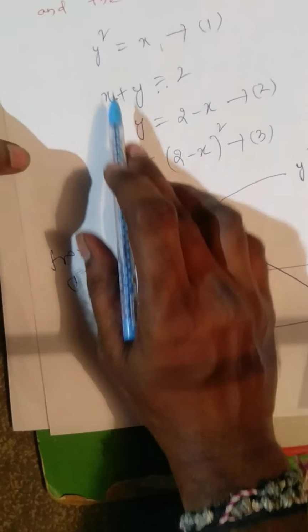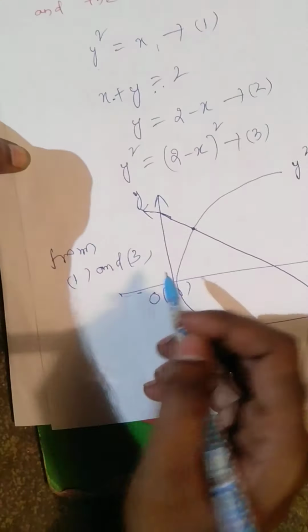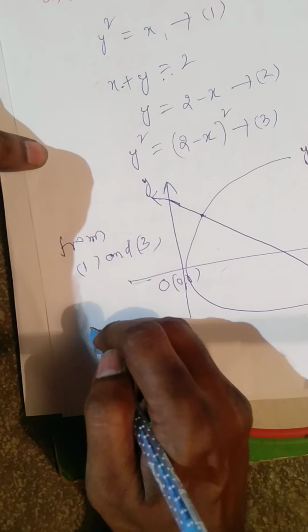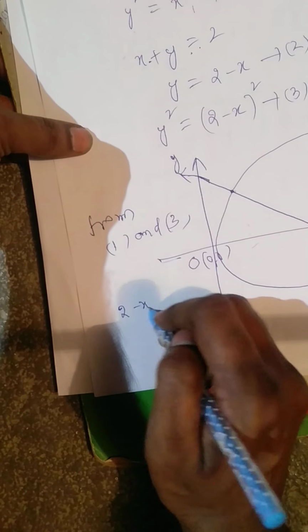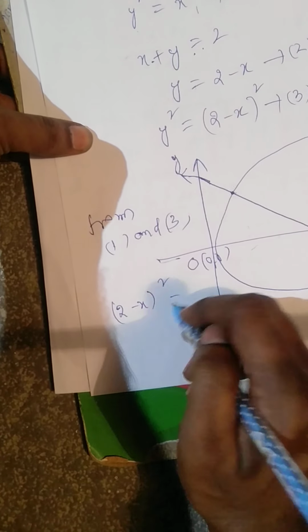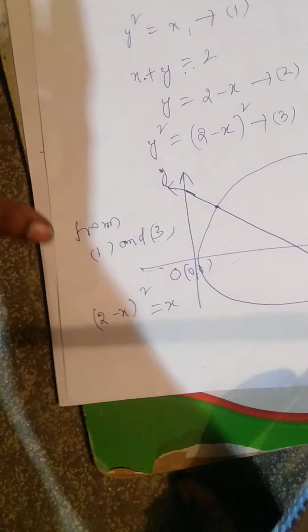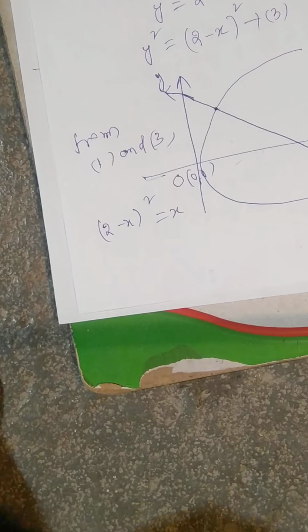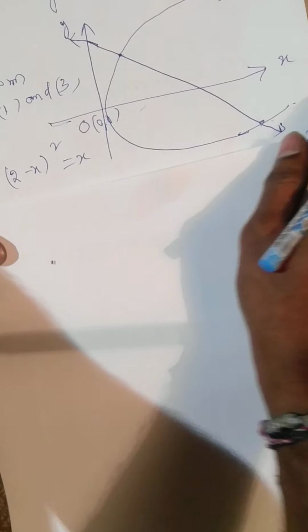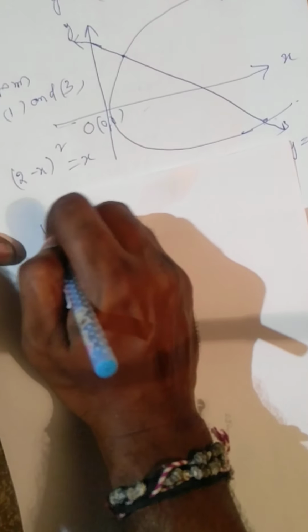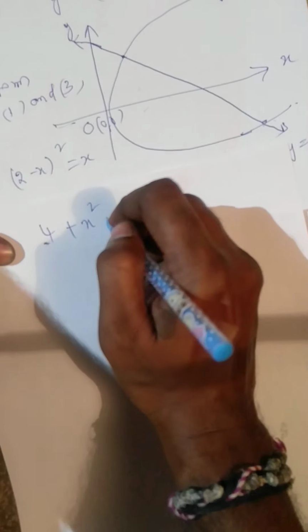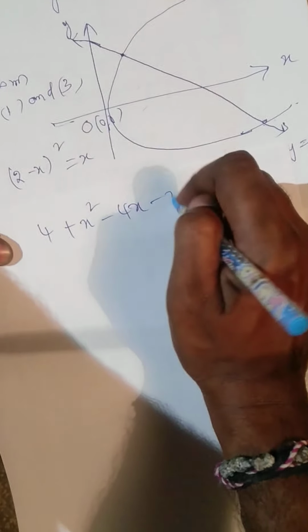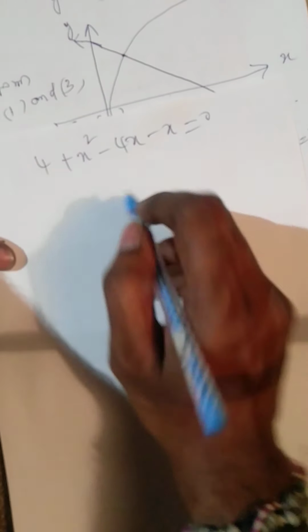we have the LHS equal, so we can equate the RHS. That is, we can write 2 minus x whole square equals x. Simplifying (a minus b) whole square, we get 4 plus x square minus 4x minus x equals 0.